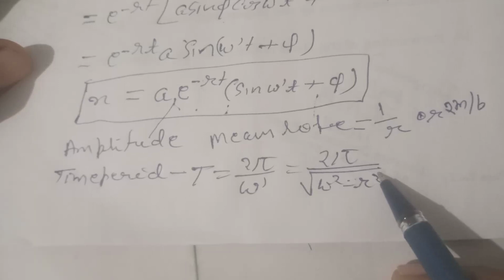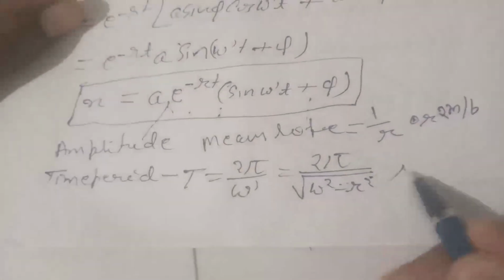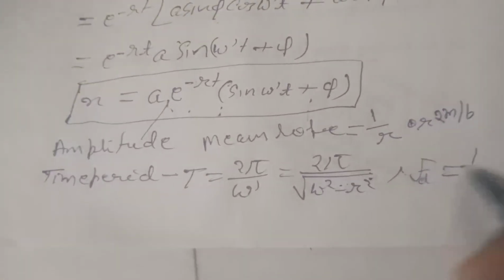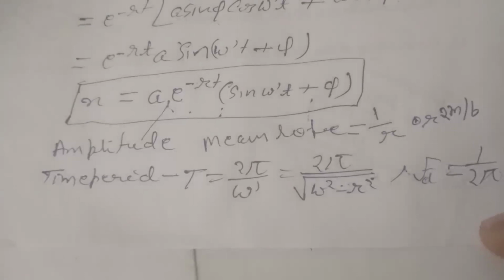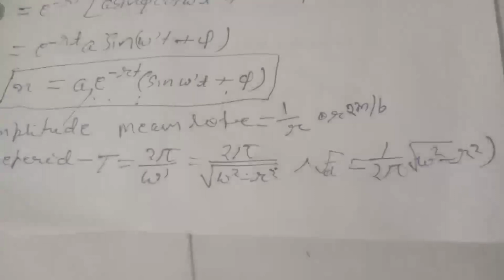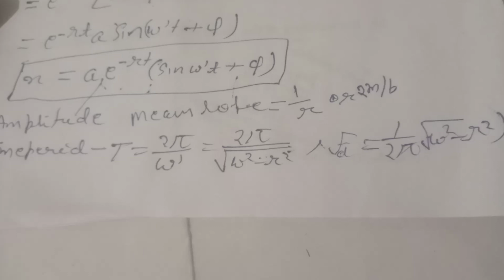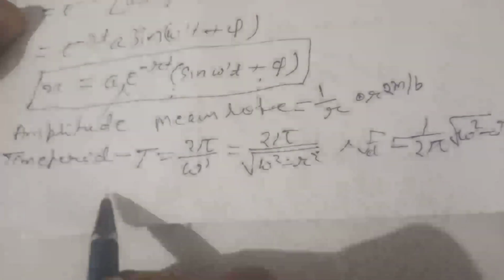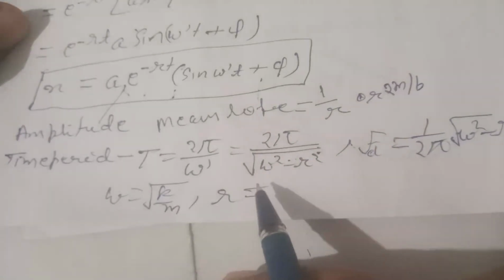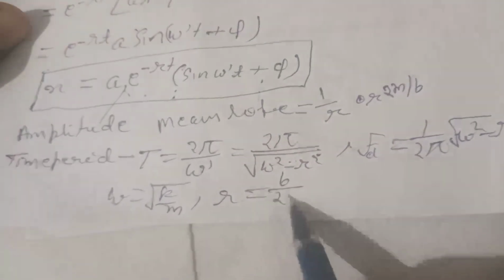The damped frequency is given by 1 by 2 pi under root omega square minus r square, where omega is under root k by m, and r is equal to b by 2m.